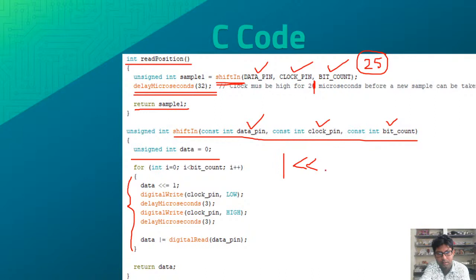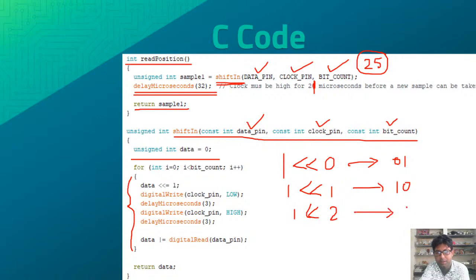Say 1 means it is 0 1. With no shift, say 1. If I shift 1 bit, this 1 will be shifted here. I will get 1 0. If I do it like this, it will shift 2 digits. It is shifted 2 times.